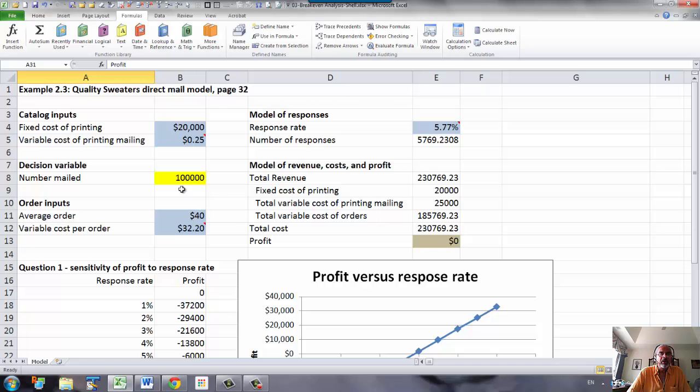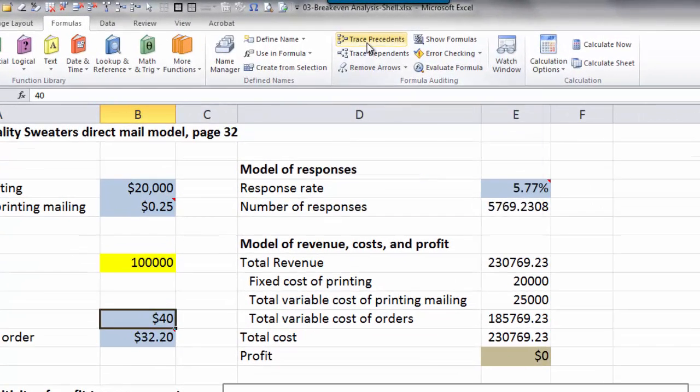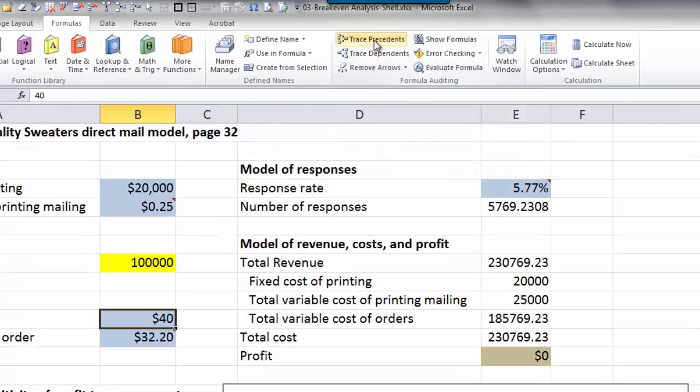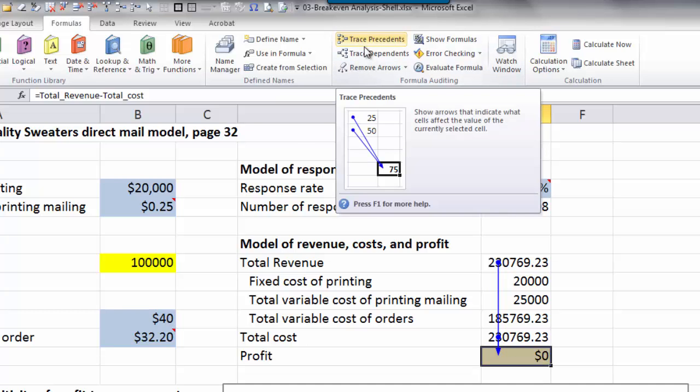So you click on any given cell, then trace precedents will give you the cell addresses that you have used to set up a given cell. So for example, if you go here to profit and then you say trace precedents, then it will tell you what cells are brought in as input into this cell. So that is trace precedents.